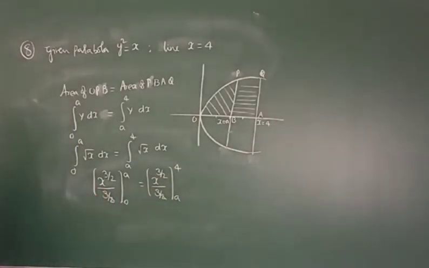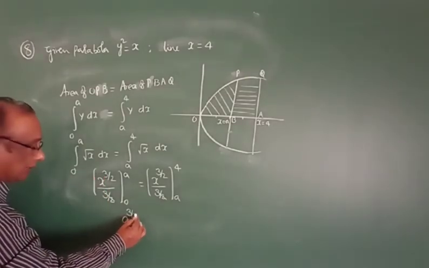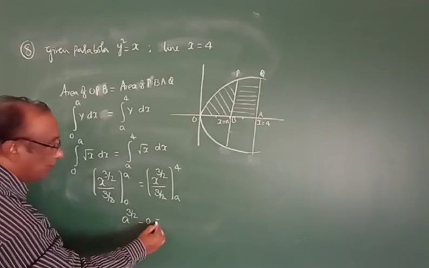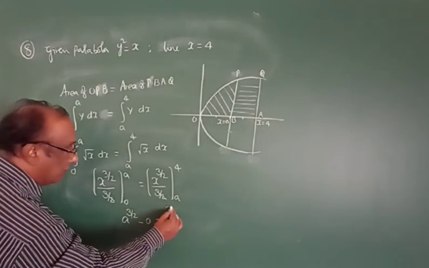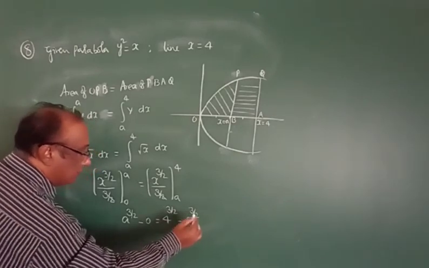Apply the upper limits and lower limits, simplify, and you get the a value fast. Upper limit is a power of 3 by 2, lower limit is 0. Upper limit is 4 power of 3 by 2 minus lower limit a power of 3 by 2.